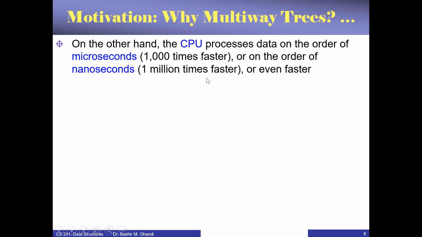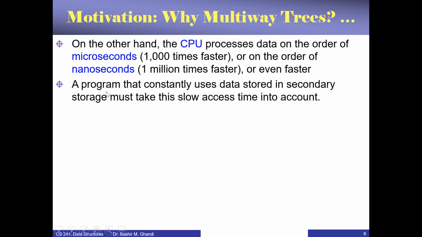Now just imagine the processor is processing data at this rate, but at some point it has to wait to read data from the disk. That will make the whole program slow down, especially if it has to read the data many times over from the disk.